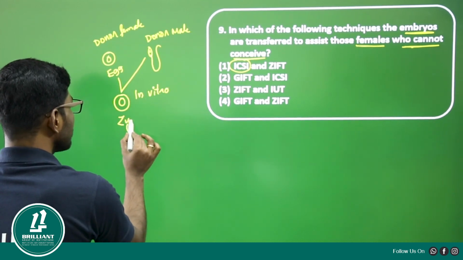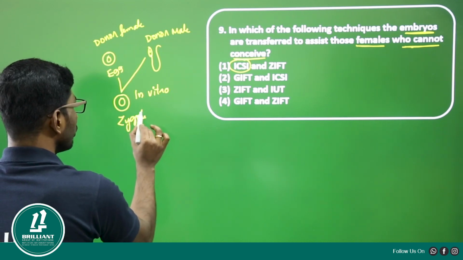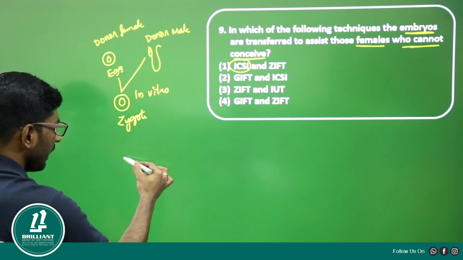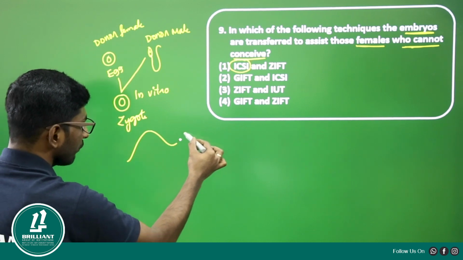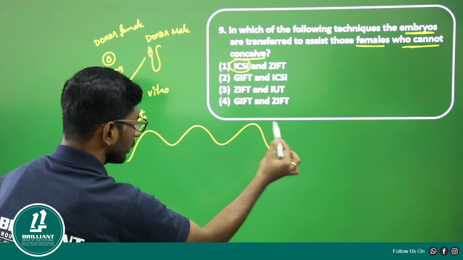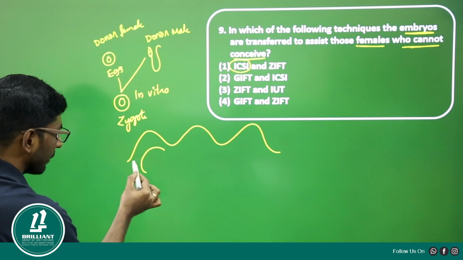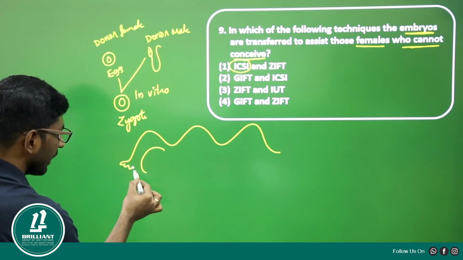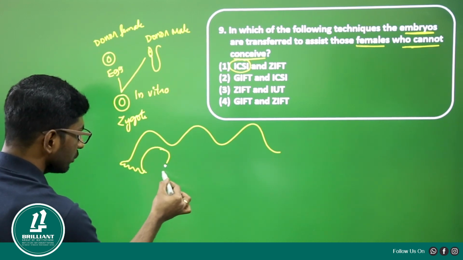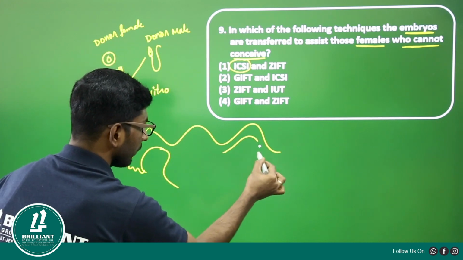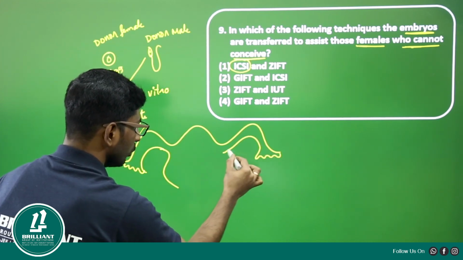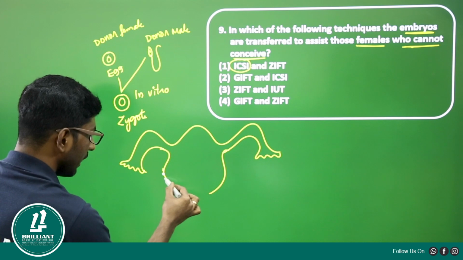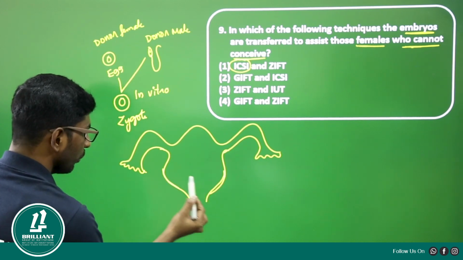Zygote. So this zygote is going to be transferred into the female fallopian tubule. Look at here. This is the female reproductive tract and these are fimbriae, right? This is the uterus. So here this will be transferred to where?